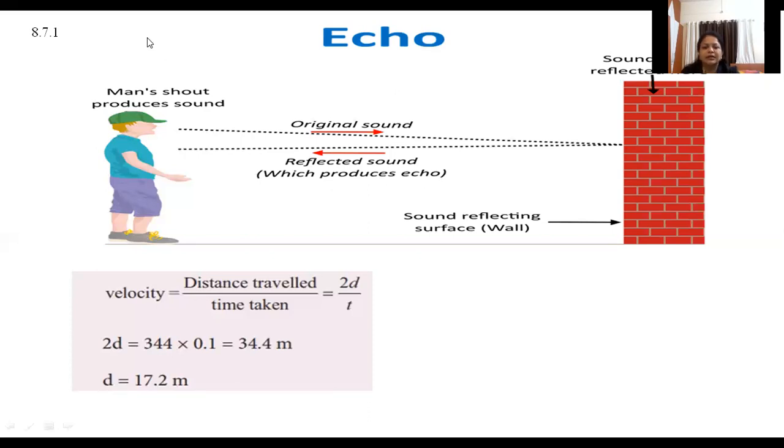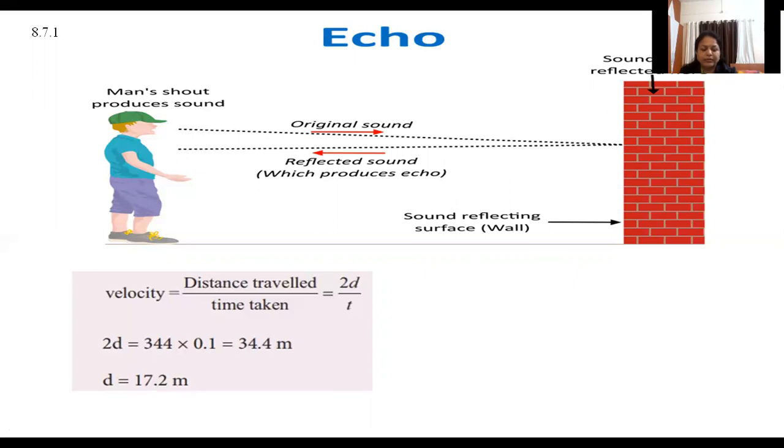Minimum distance, आपण जेव्हा सोर्स पासून तो ऑब्जेक्ट रिफ्लेक्टिंग वॉल पर्यंतचं जे डिस्टन्स आहे ते मिनिमम किती असलं पाहिजे? 17.2. त्याच्यापेक्षा जर कमी असेल तर you cannot receive the echo, because the minimum time should be 0.1 second. After that only you can receive the other sound. So this is the echo.